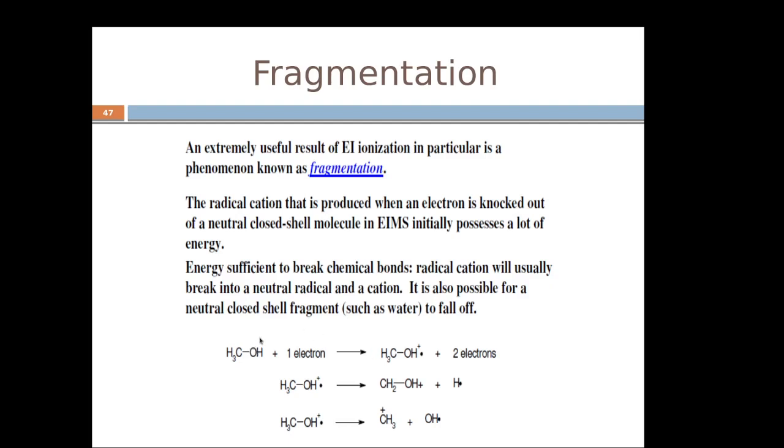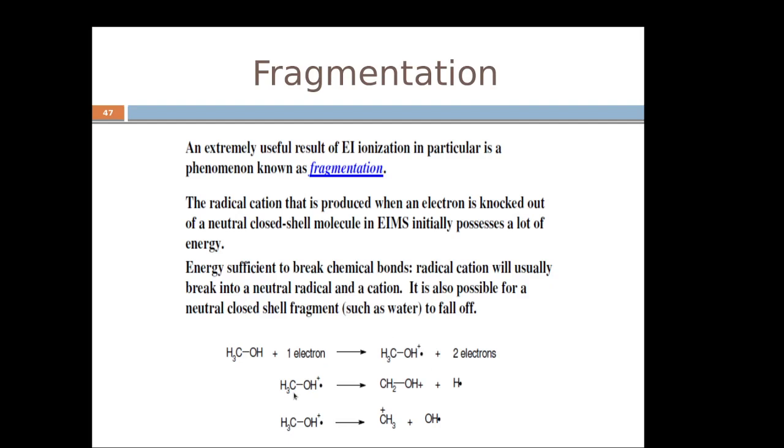So one electron will be taken away by this electron, so that you will have a radical positive character on the oxygen atom of the hydroxyl functional group. So you will get a methanol radical cation. We call this a molecular ion, because essentially it has the same molecular formula as the parent molecule, but it has one less electron.